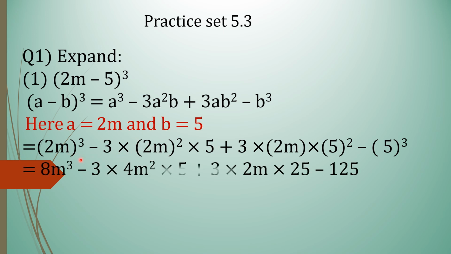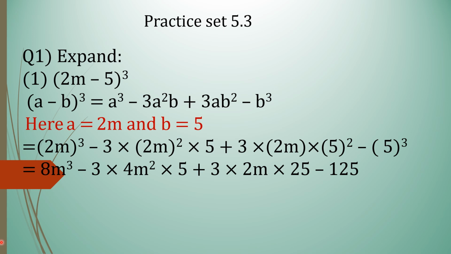So (2m) the whole cube will become 8m cube, minus 3 into (2m) square will become 4m square, because square we have to do. So 2 square is 4 and m square will be m square, into 5, plus, now this term we will solve, 3 into 2m into 5 square, student, will become 25, minus 5 cube will become 125.